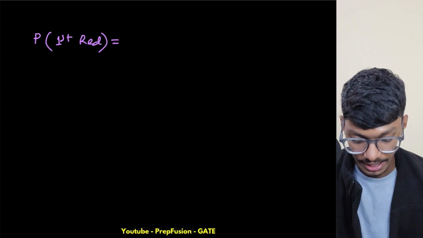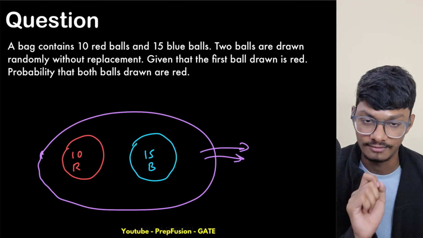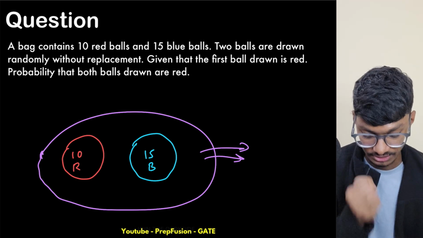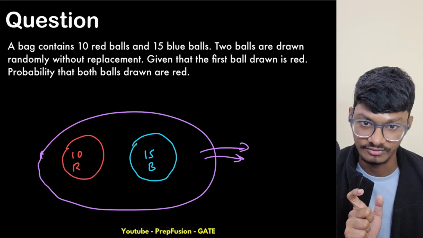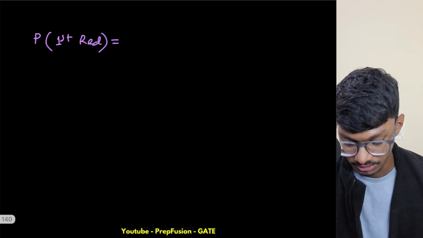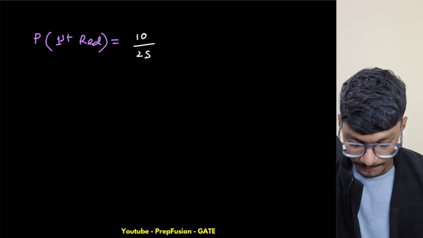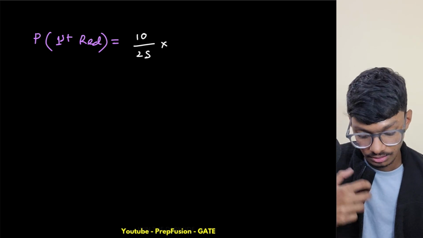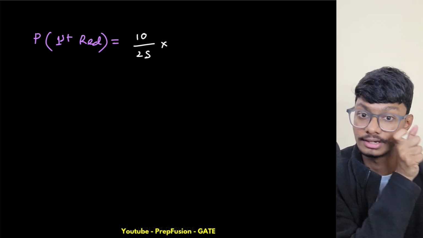First we can have a red ball. What is the probability of getting a red at first? When we first pick up, it is 10 by 25. The total number of balls is 25, 10 plus 15, and we have 10 red balls. Then again, either I can get another red ball or another blue ball.